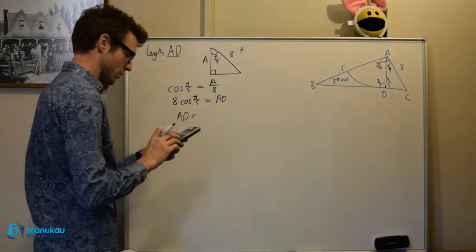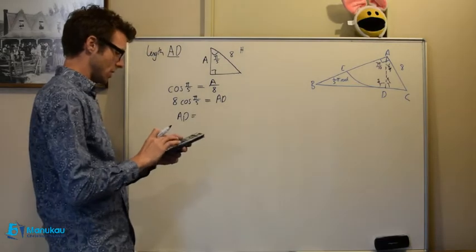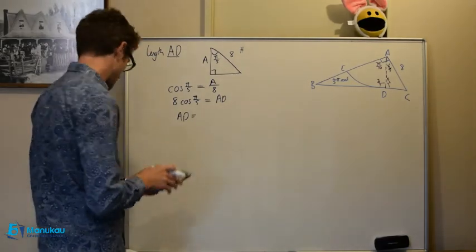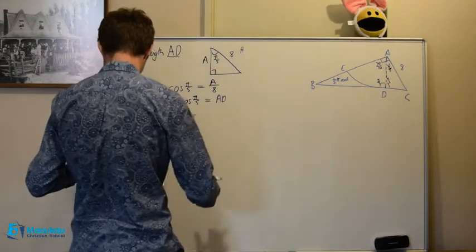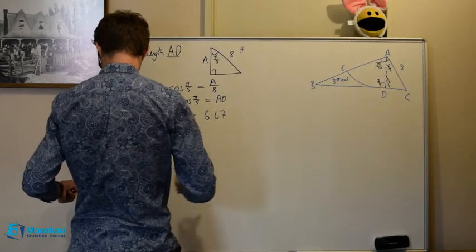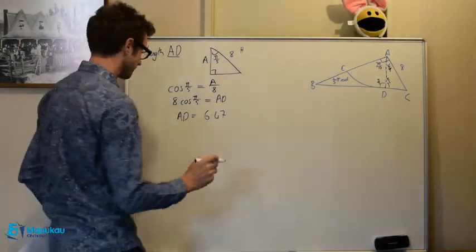I'll just quickly do it on mine. Make sure, of course, you're set to radians. So it's going to be 8 cosine pi over 5. And I'm getting 6.47 as my answer to 3 significant figures. Okay, so that's part 1.